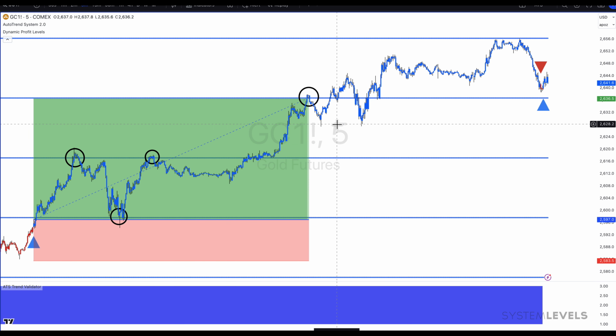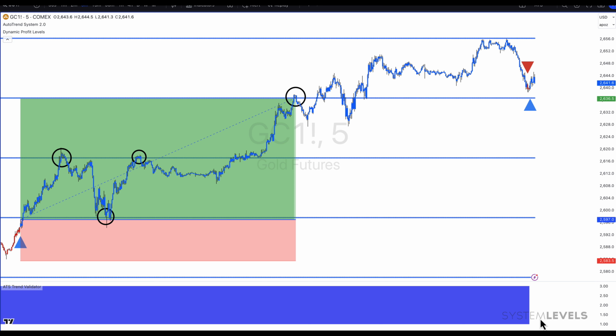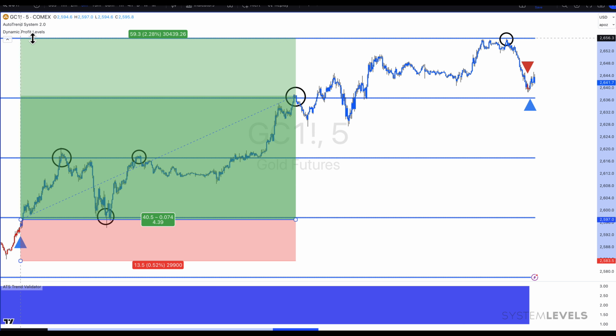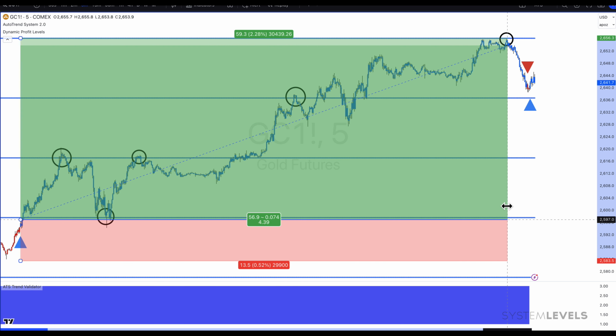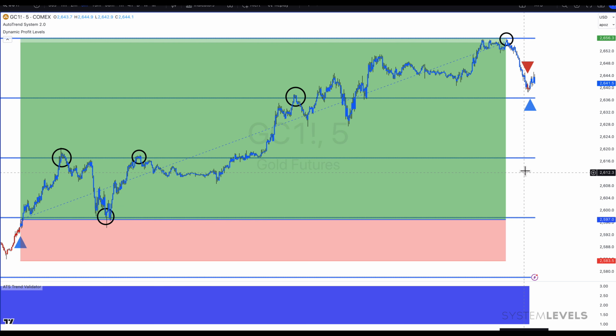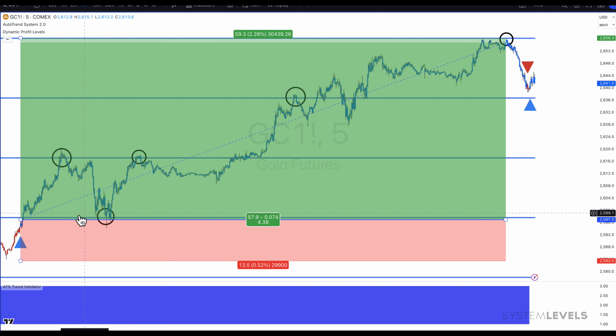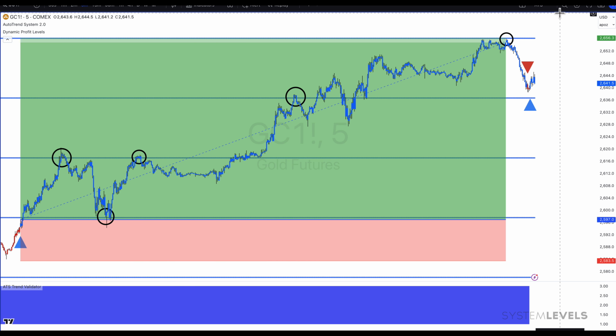And we found our next point of resistance when the next dynamic profit level was hit right here. And that's exactly when you can sell another quarter of your position, keeping a last quarter in the event that gold futures just go crazy and continue into a massive uptrend.